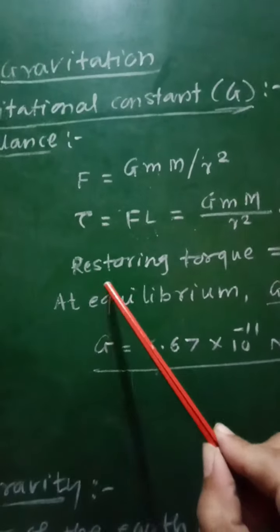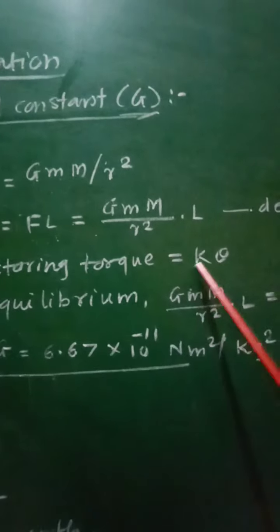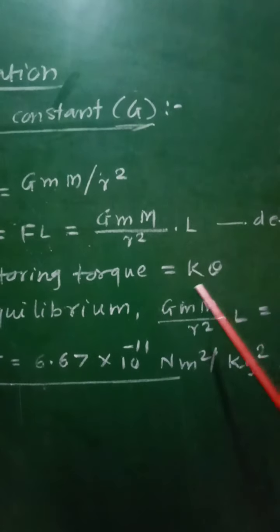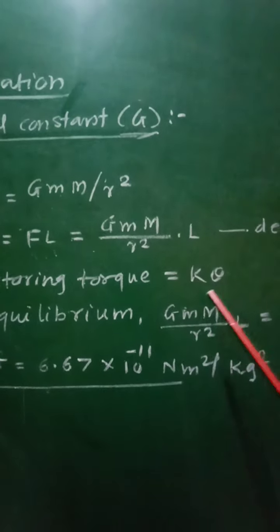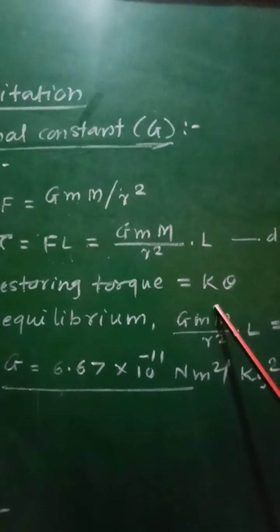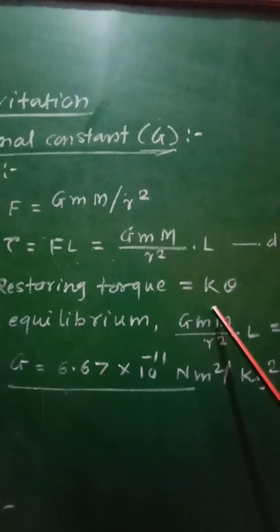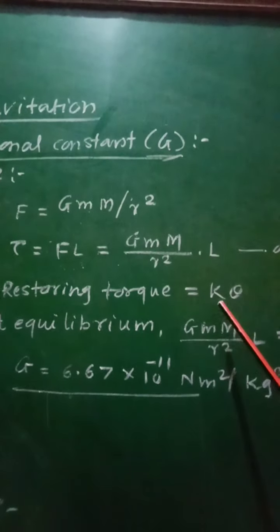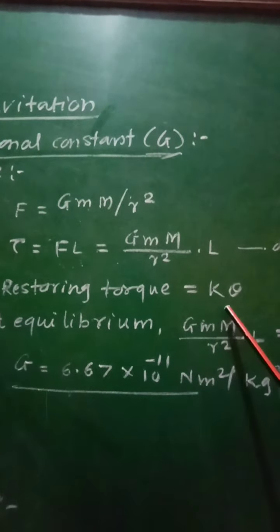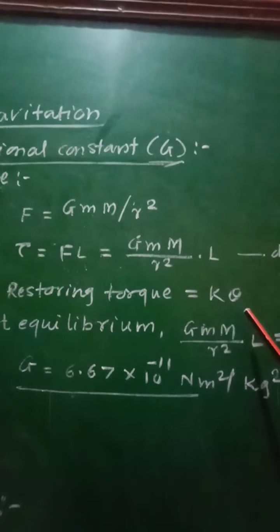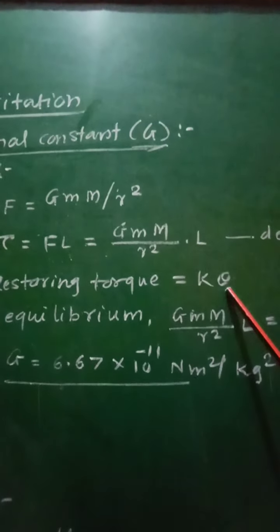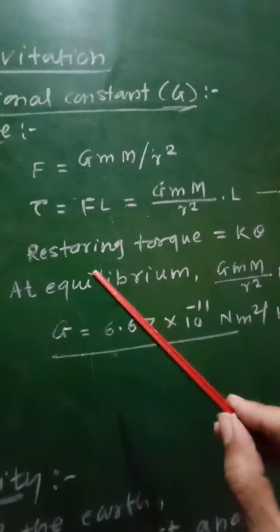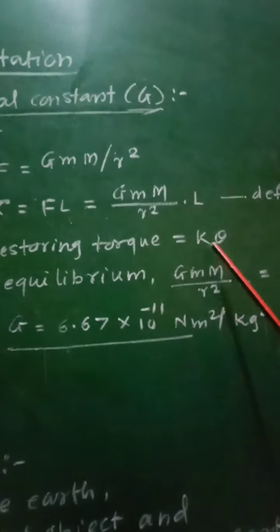That restoring torque will be equal to k theta, where k is the restoring torque per unit twist, that is per unit angle, and theta is the angle of twist.